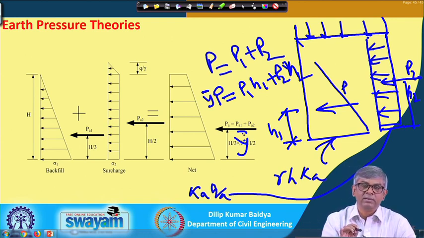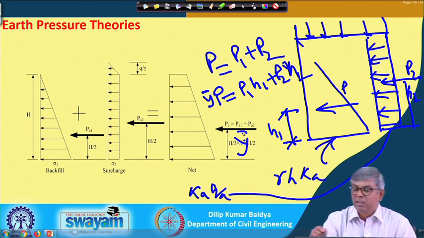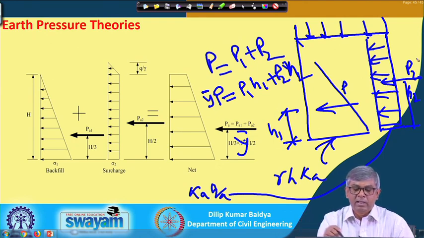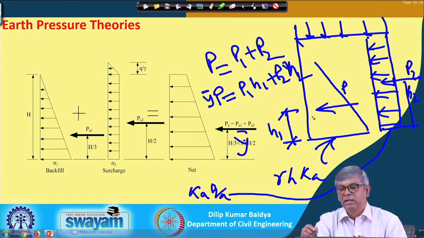What is to be noted is that if it is a surcharge, then only this additional q times K is added, and this is the one I have considered for a cohesionless soil. If instead of cohesionless soil it is a c-phi soil, then I would have drawn the corresponding diagram, and in addition I could have drawn this.